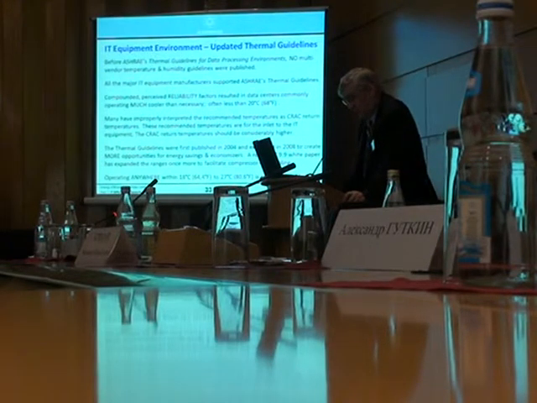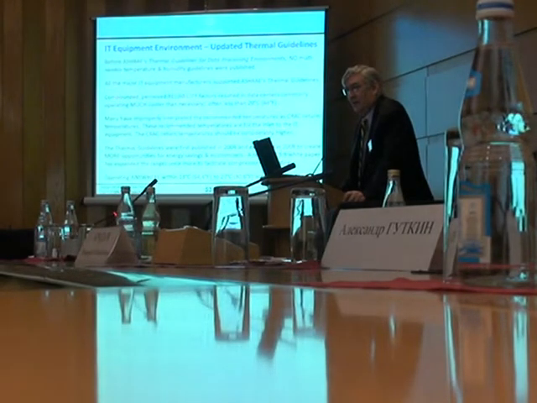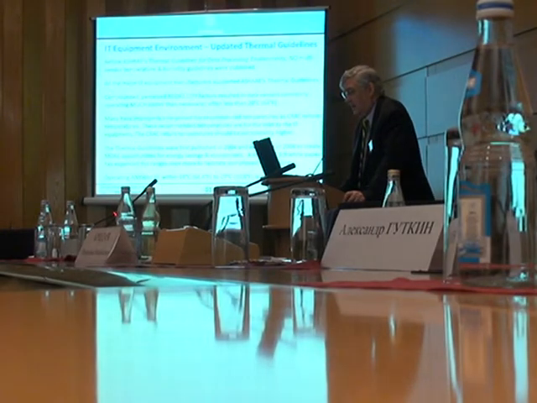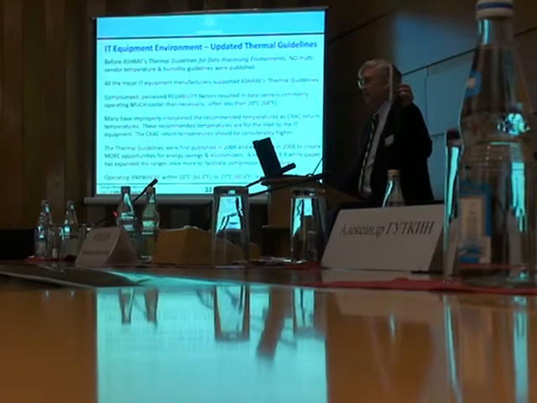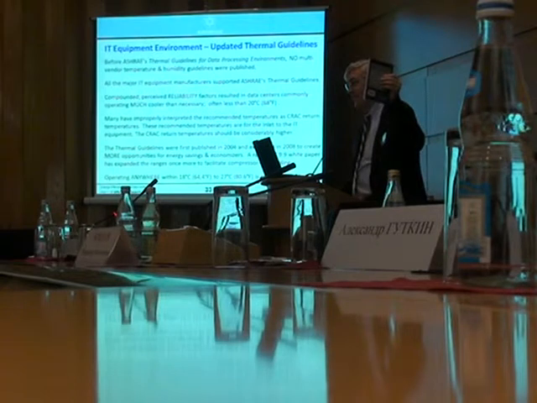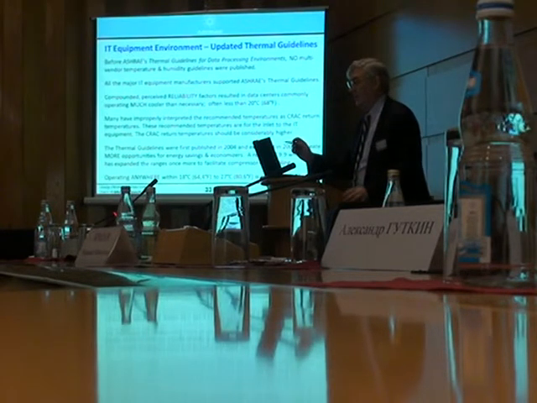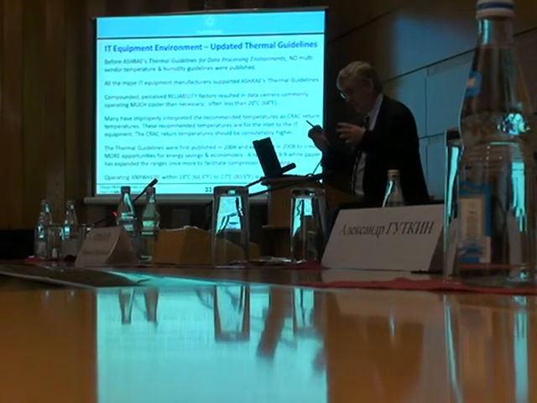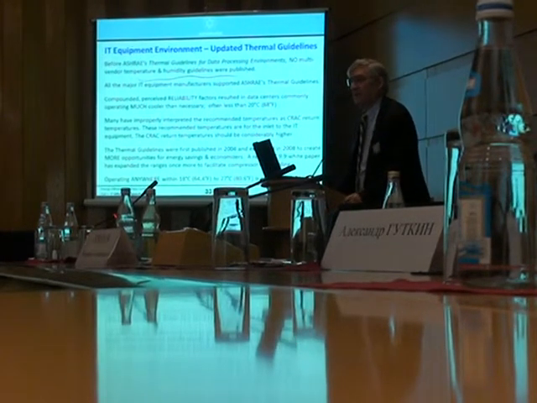So we started the technical group, Don and I, in 2002. And the first book that came out, as Don mentioned, was this one. So why is this important? It's a thin book. It's only 50 pages or so. Before that, IT had no common temperature and humidity guideline.